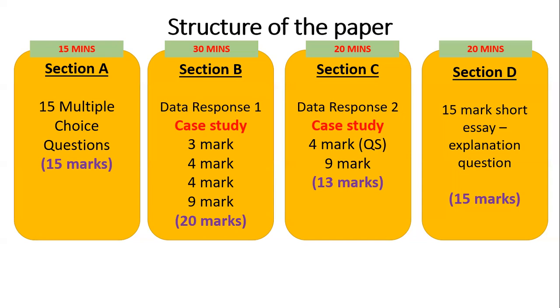So for example, if I think of micro, expect at least 1 PPF, expect at least 1 question on calculating elasticities, expect at least 1 question on externalities, for example. So with both micro and macro, it will test a range of those different topics.